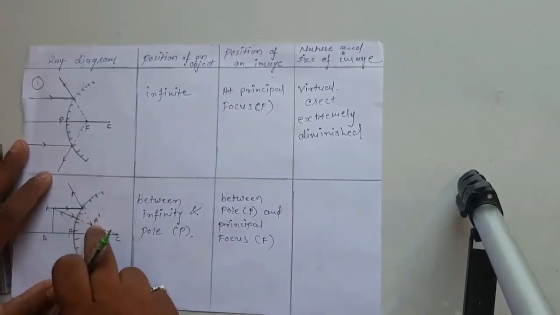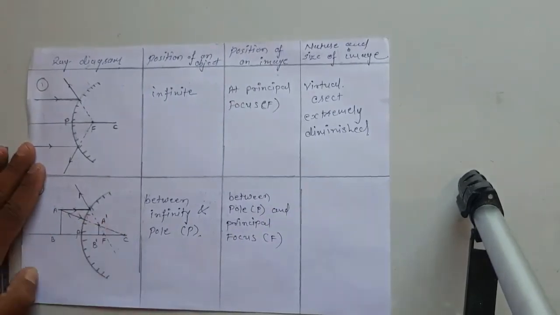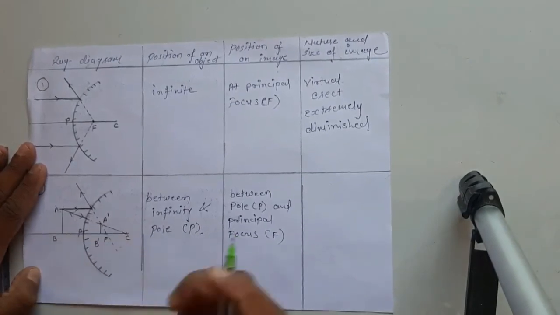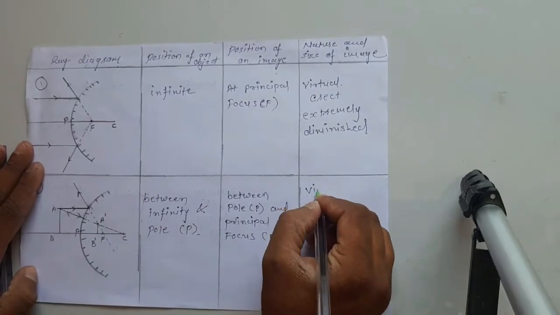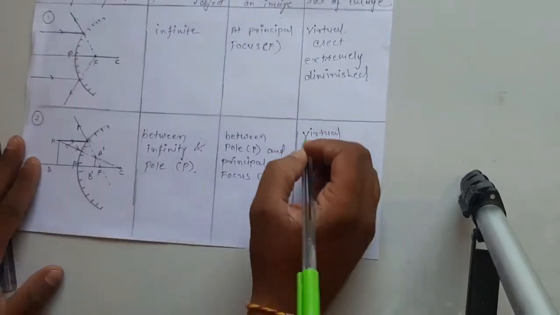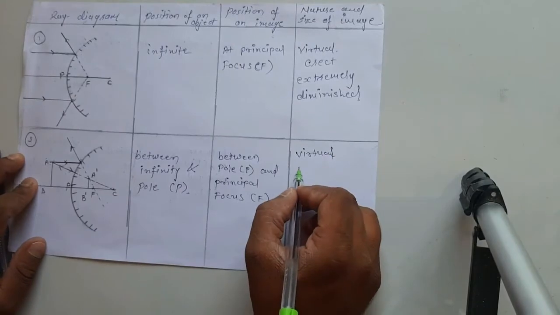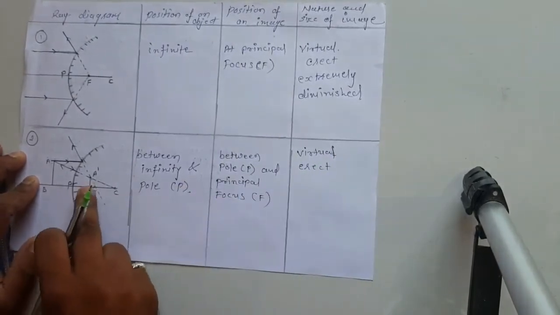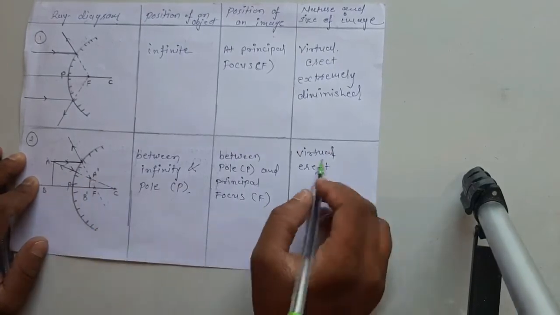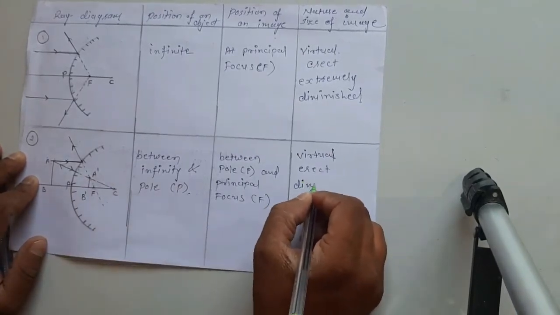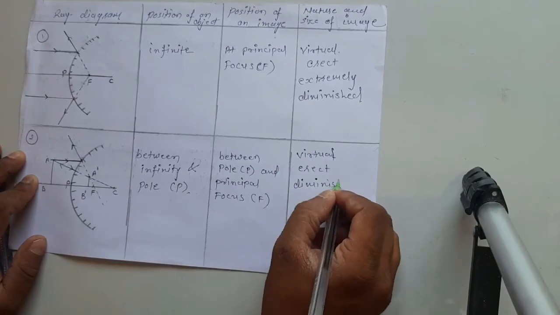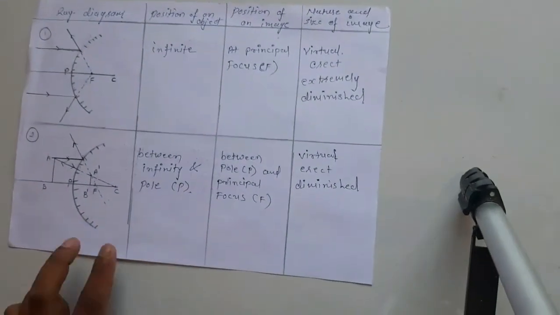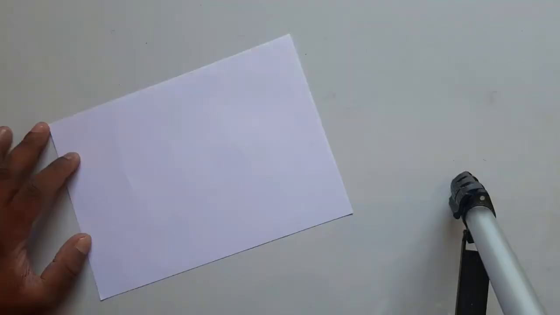Here also the light rays are not actually intersecting at one point, we are producing them backward and getting the image, so our image will be virtual. Here also we can see the image is erect, and the image is smaller than the object, so it will be diminished. Okay, this way we can understand the image formation for convex mirror.